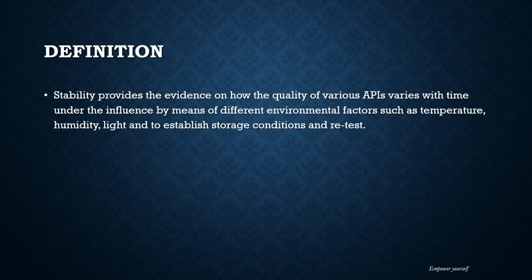So we can give a proper justification and a proper answer to that by keeping our product on different temperatures, different humidity, and exposing it to the light conditions as well.